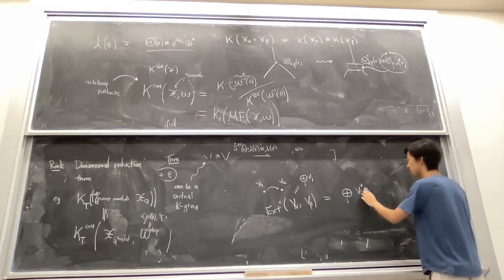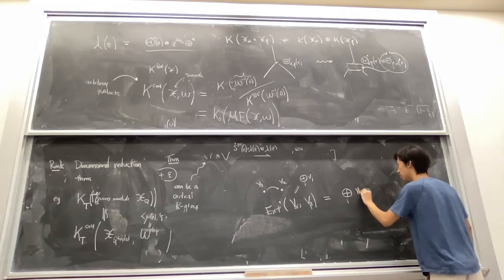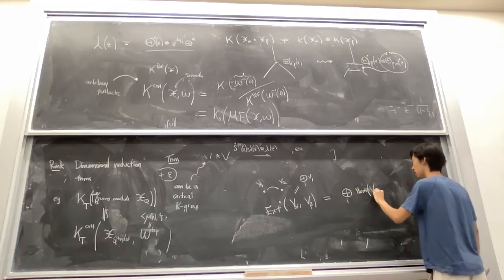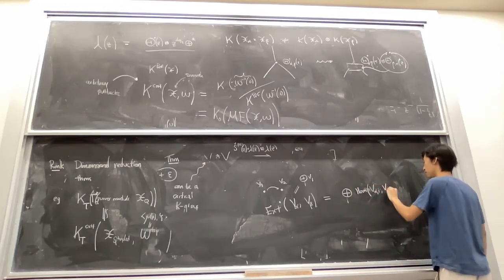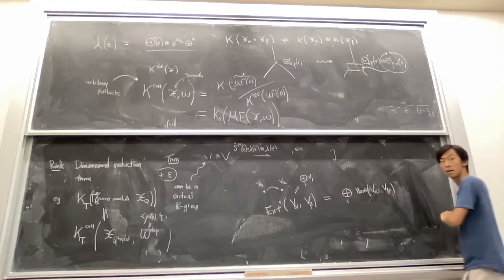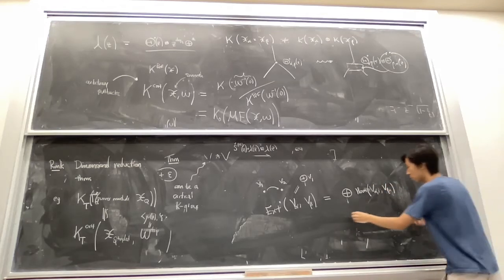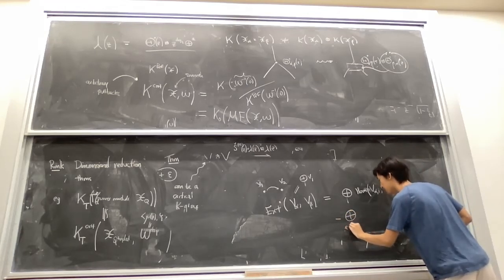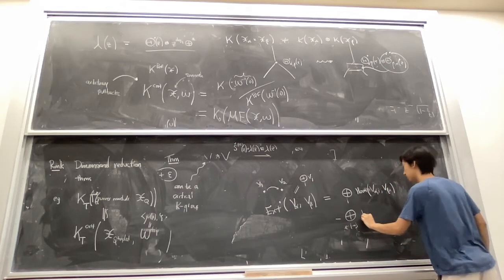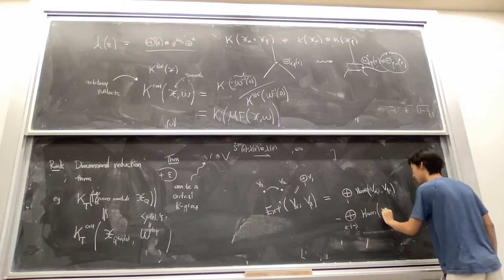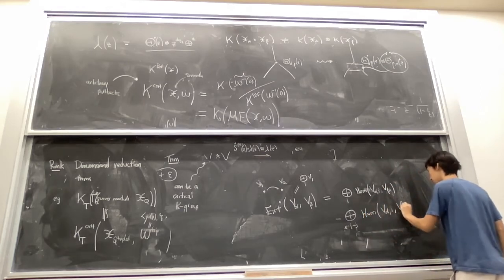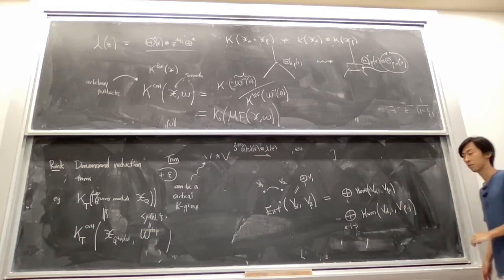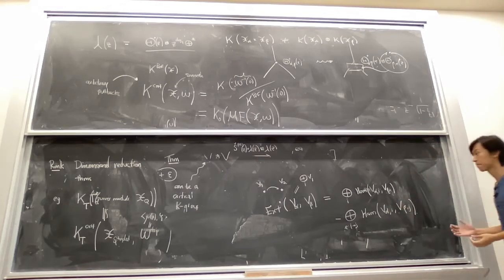What's this going to be? This is going to be like Hom(V_alpha_i, V_beta_i). And then you have some contribution from edges. An edge from a vertex i to a vertex j. This is going to be Hom(V_alpha_i, V_beta_j). So you have some X operator like this.